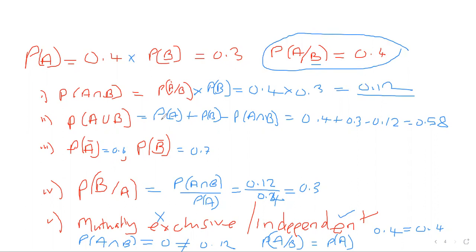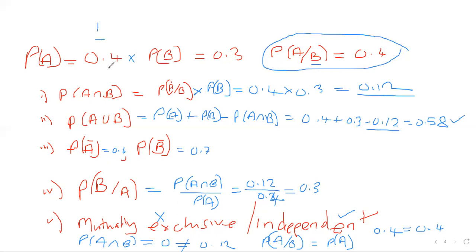So A union B is A plus B minus the intersection. So this answer here, if it's wrong, it will affect your answer down here. So A was 0.4, B is 0.3, you subtract 0.12, you get 0.58. The complement of A and B is 1 minus the probability of that particular event itself. So A complement is 1 minus A itself.